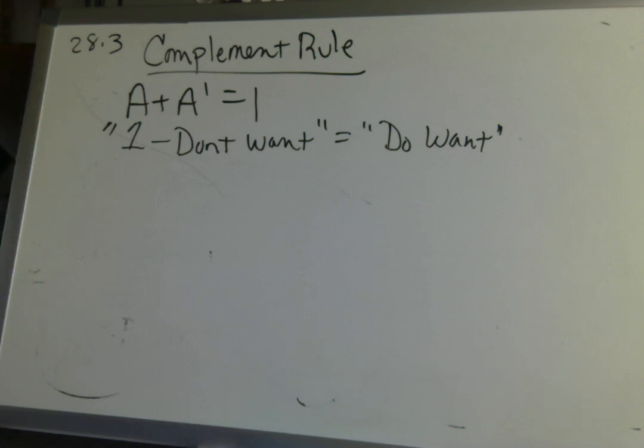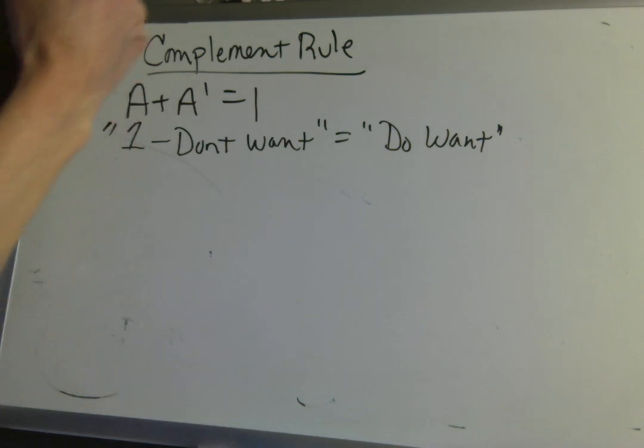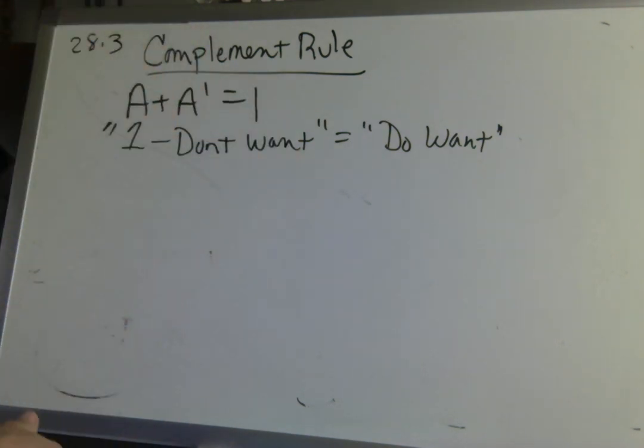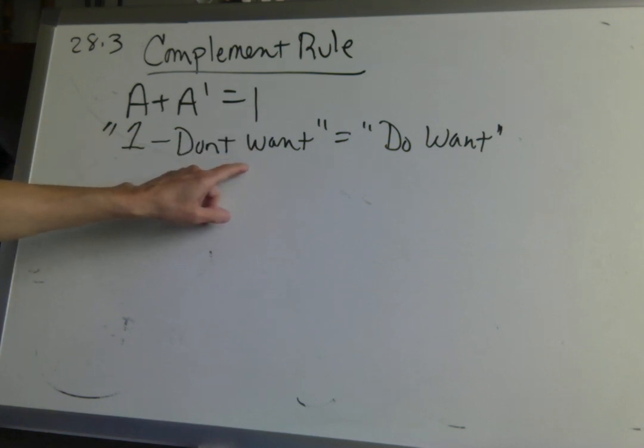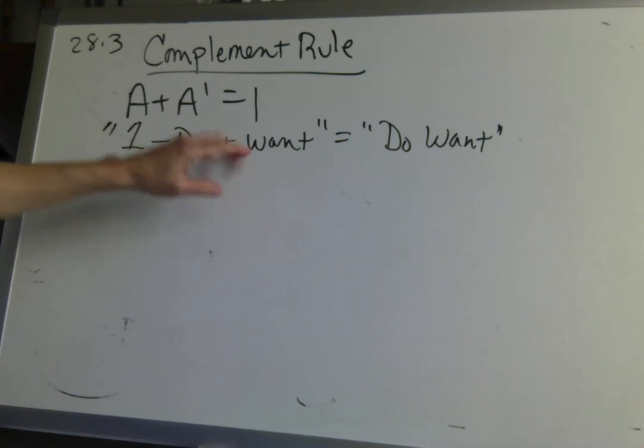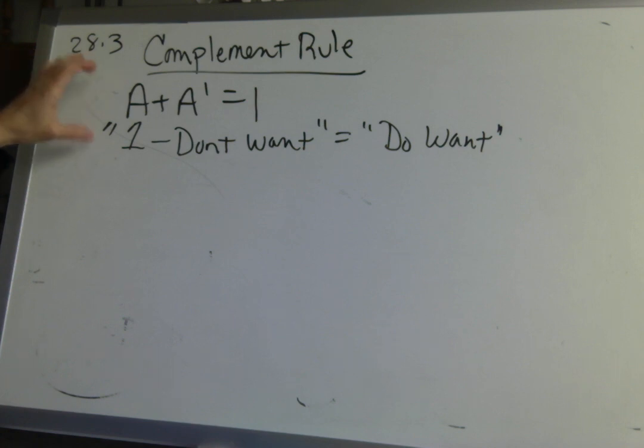When we were doing that dice problem, I think it was a sum of at least 3 when we were rolling 2 dice, and I didn't want to have to add up the 3 and the 4 and the 5 and the 6 all the way up through 12. We knew all of the probabilities added to 1, so we said 1 minus, the only thing I didn't want was the sum of 2. So that's how we approach that. We have already applied this once to the sum of 2 dice problem.